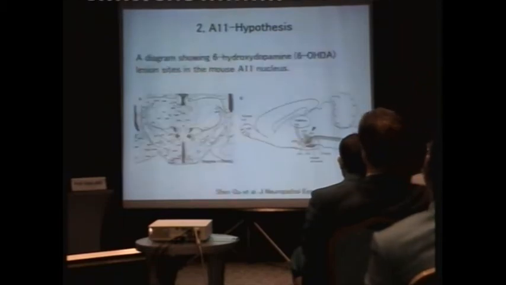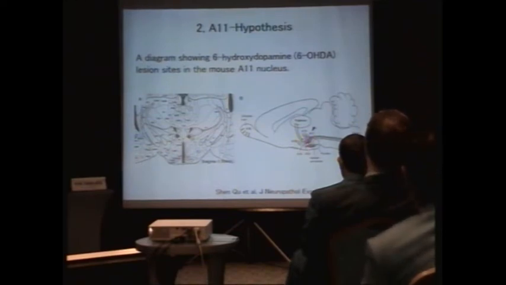One group produced mice in which they disrupted the A11 region. This region is very small, so it's difficult to distinguish, but they can disrupt it this way. A11 is in the hypothalamic area and projects to the spinal cord.